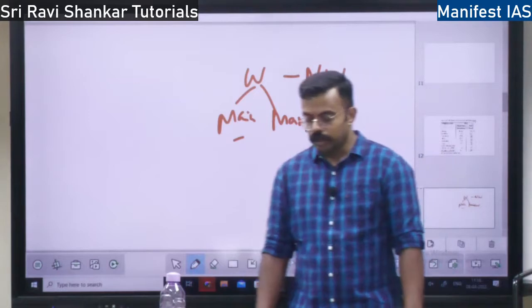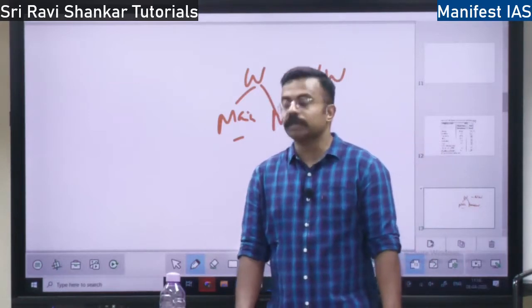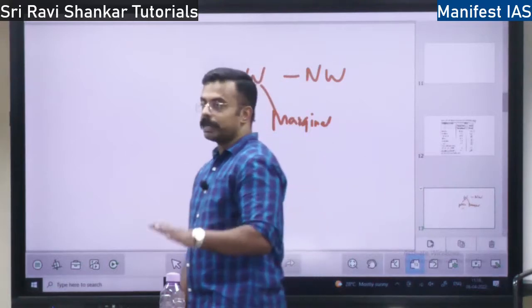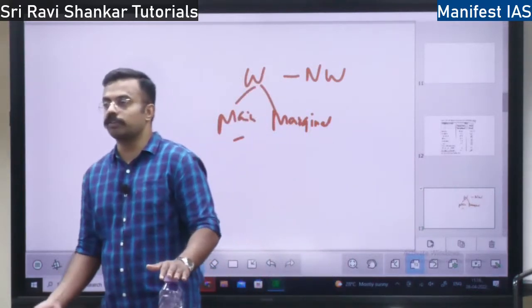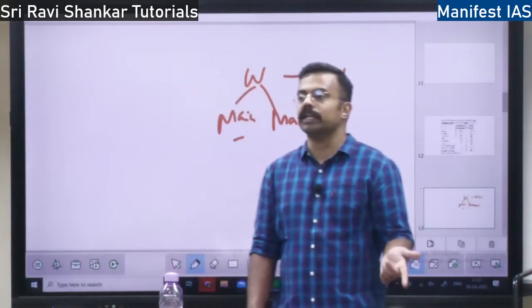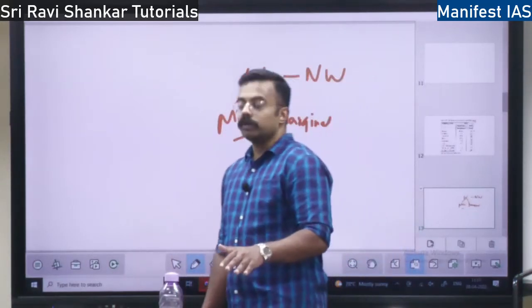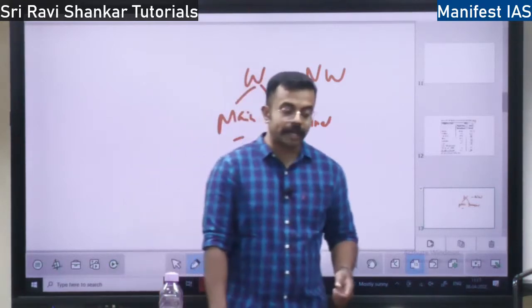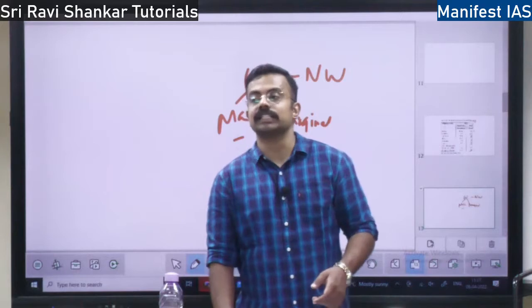Then there is one more type of migration, migration by place of last residence. From the last place where you were settled, which is not your place of birth, suppose you are from Bihar, earlier you were settling in Mumbai, and now you have come to Bangalore. When you come from Mumbai to Bangalore, you are called a migrant by place of last residence.